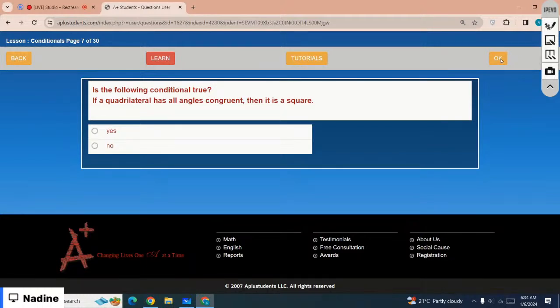Okay, the next one: is the following conditional true?